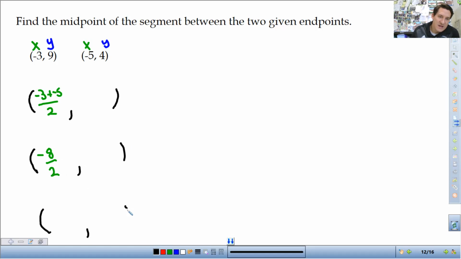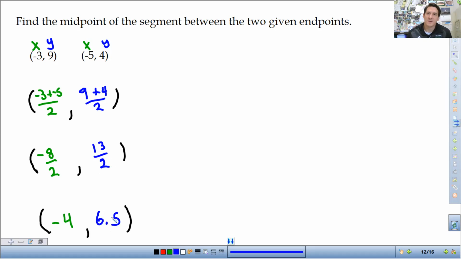And then -8 divided by 2 is -4. Now I'll do the y's. This is 9 plus 4 divided by 2. 9 plus 4 is 13. Divided by 2 is 6.5, all right, or 6.5.